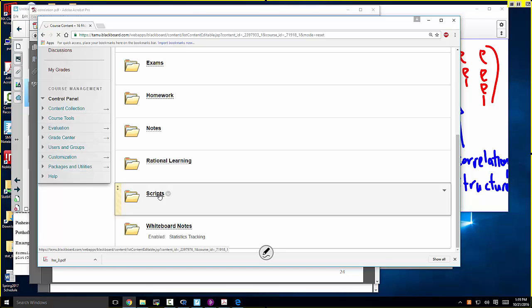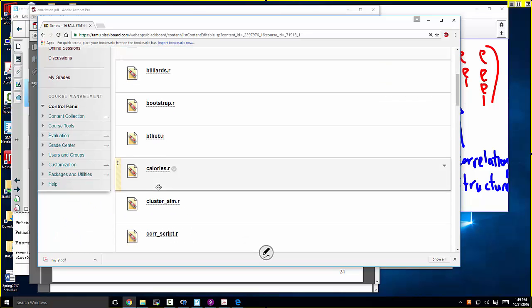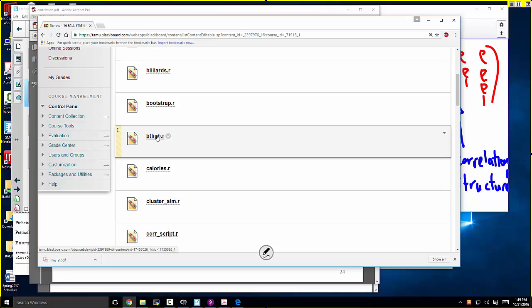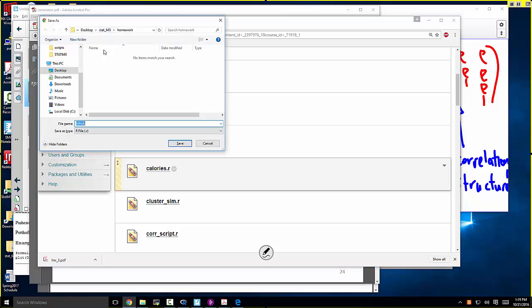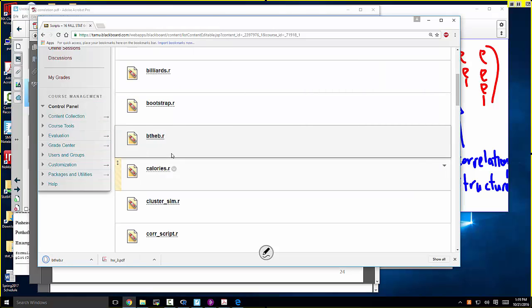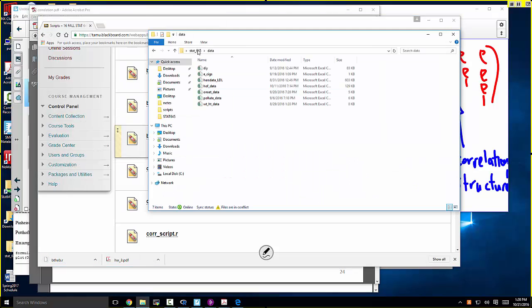Scripts, beattheblues.r, BtB. This is an example of longitudinal data.